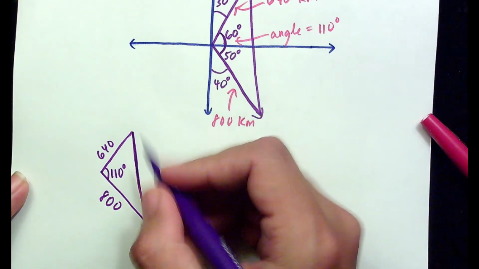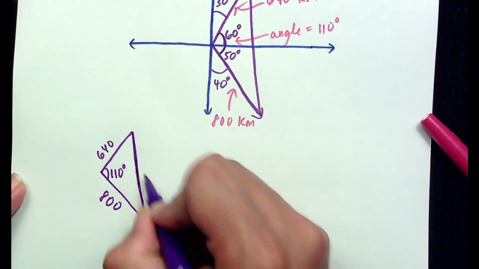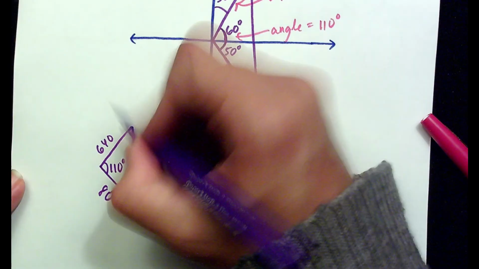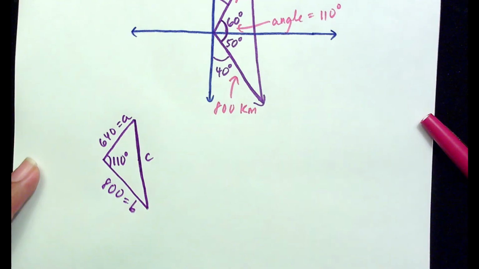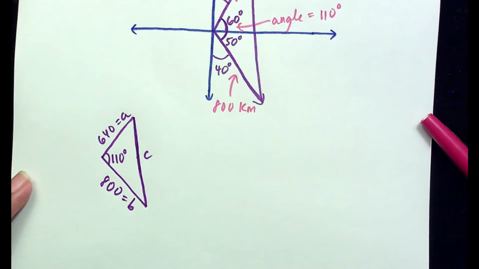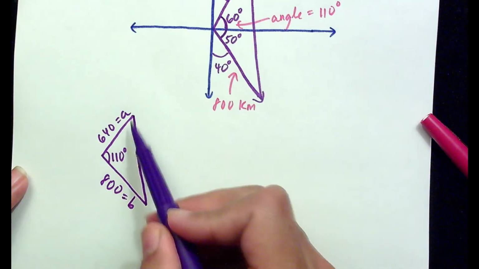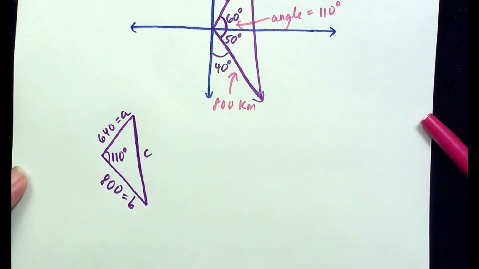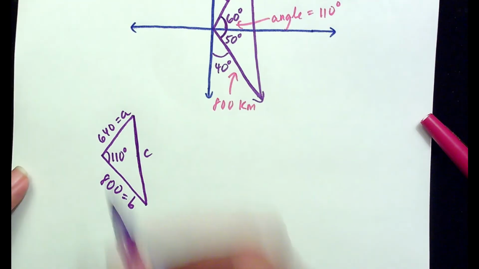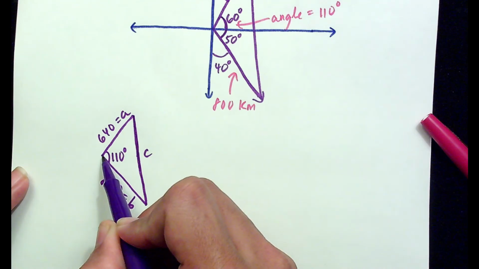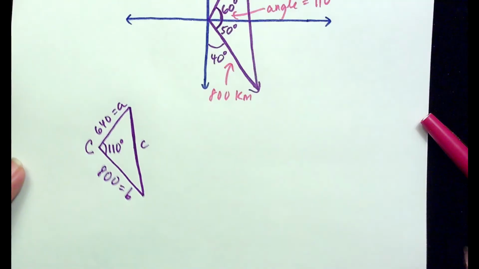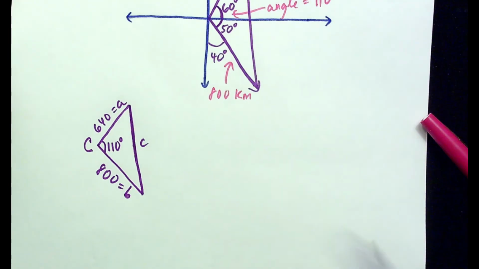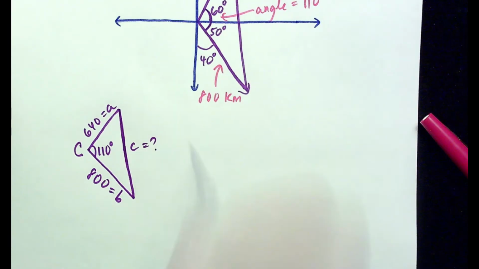So let's give it a name. Let's call it little c, this one little a, and this one lowercase b. Note that we have side, angle, side. This is the law of cosines. And this angle, because it is opposite to lowercase c, is going to be called capital C. So now we're going to apply the law of cosines to figure out lowercase c.